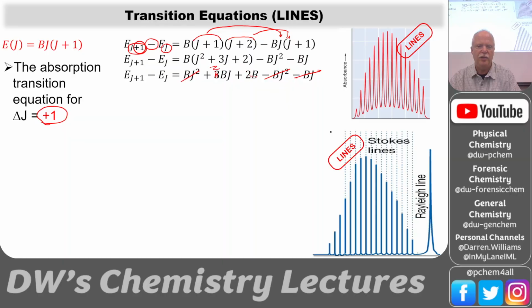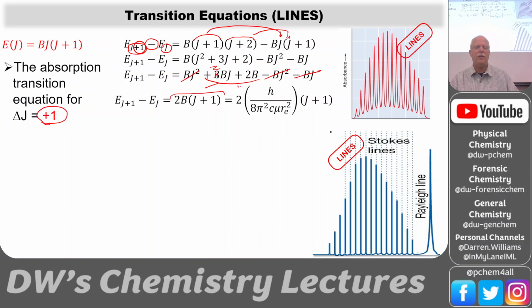And then we have a 2B, so we can pull that 2 out front. And so this becomes 2B times J plus 1. So these pieces right here are simplified to that right there. And now I've put B in there just to remind you that for a diatomic, this is what we've got. So this is for a diatomic, and you see that reduced mass, and you see the bond length.